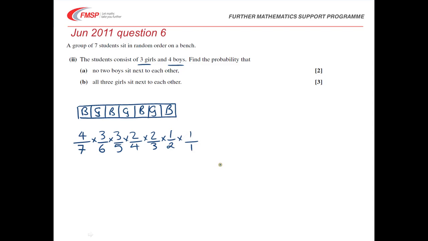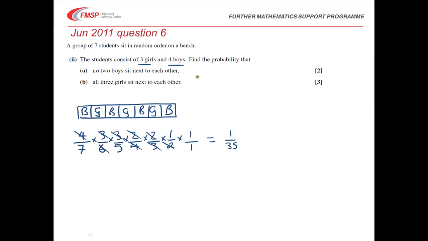I think that's probably one of the simplest ways of tackling this question. The great thing is that things start to nicely cancel, which makes life a lot easier. So we end up with 1 over 35 as my answer.